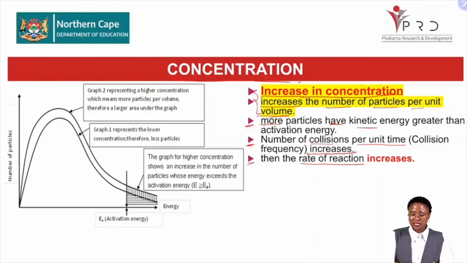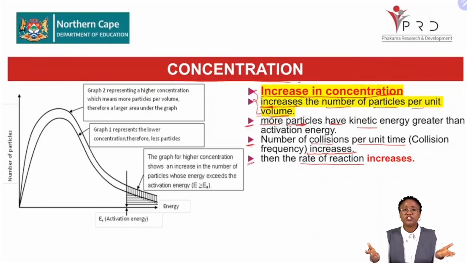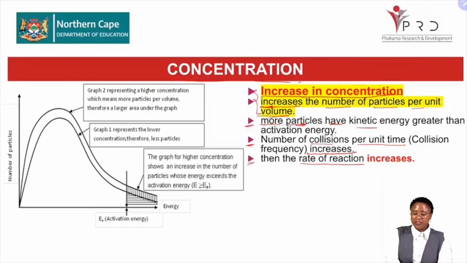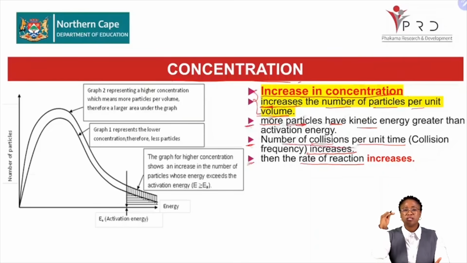Obviously, when you are decreasing the concentration, what is going to happen here? You will decrease the number of particles per unit volume. And what will happen to the particles? Fewer particles will have kinetic energy greater than the activation energy, and the number of collisions per unit time, instead of increasing, will do what? They will decrease, and then the rate of reaction is going to decrease. So it's the vice versa.